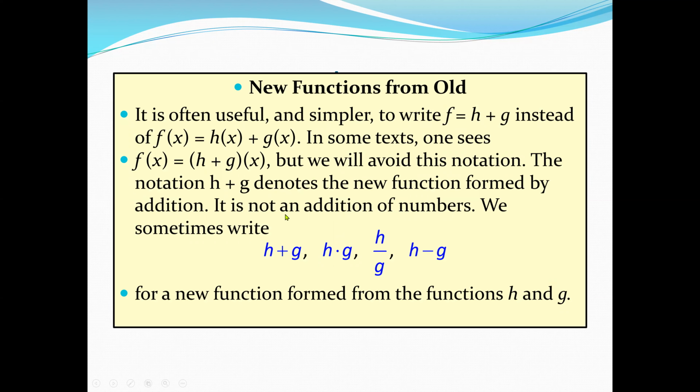Also, it is not an addition of numbers. So we can sometimes write h plus g, or h multiplied by g, or h divided by g, or h minus g, instead of saying h at x plus g at x, h at x times g at x. So a new function will be formed from the functions, again, h and g.